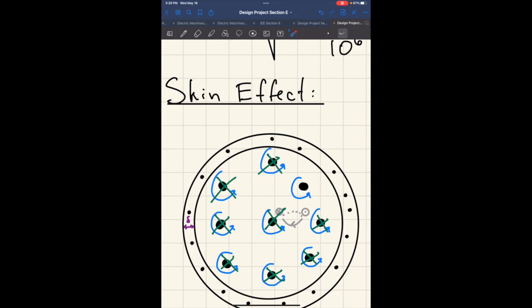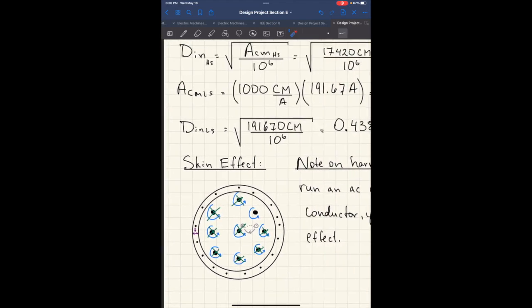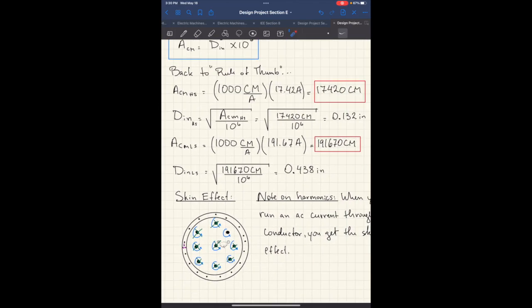So instead of making this one solid piece of conductor, I could make it stranded out of cables this small, and the skin effect will not affect it. Of course, these strands would have to be coated with some sort of enamel so that you don't have short circuits and stuff like that. But essentially, I can still push the same current that I would want through this whole thing, but now through strands. That's the point. That's basically what we're going to do.